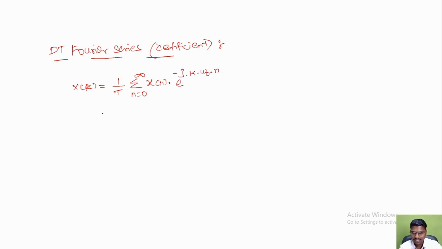This can be expanded as we know that the value of T for the given signal is 7 and omega naught is equal to 2 pi divided by T, right? So replacing this in the formula, I am going to replace T with 7: 1 by 7 summation n is equal to 0 to infinity x of n into e to the power of j into k into 2 pi by 7 into n, right?